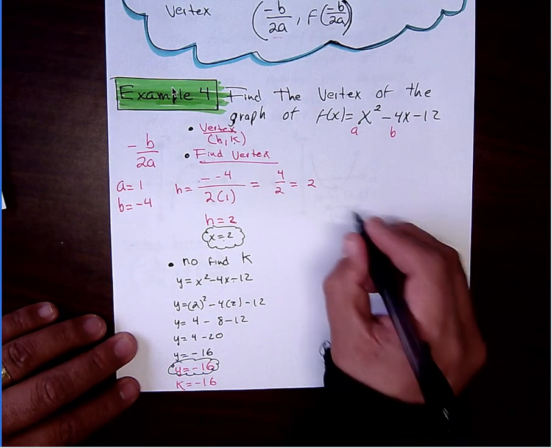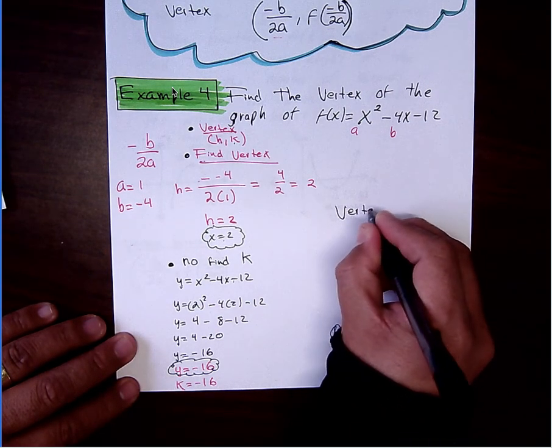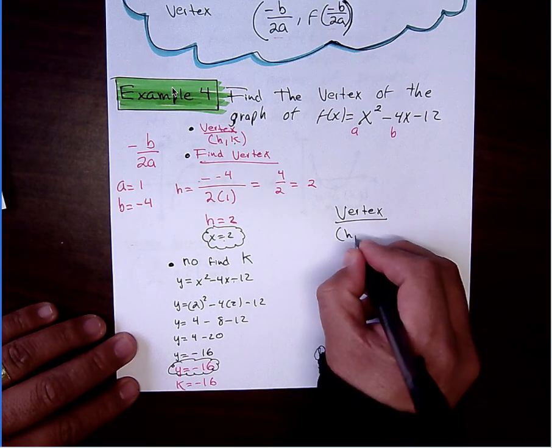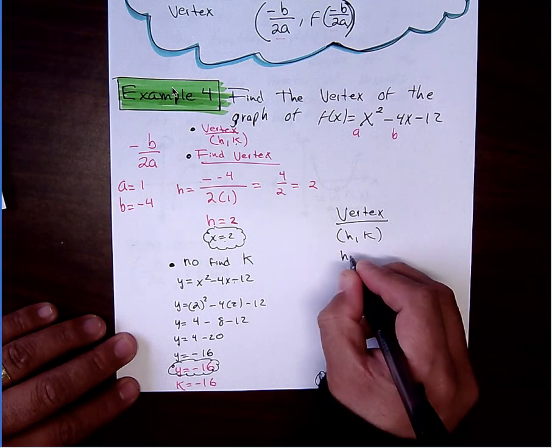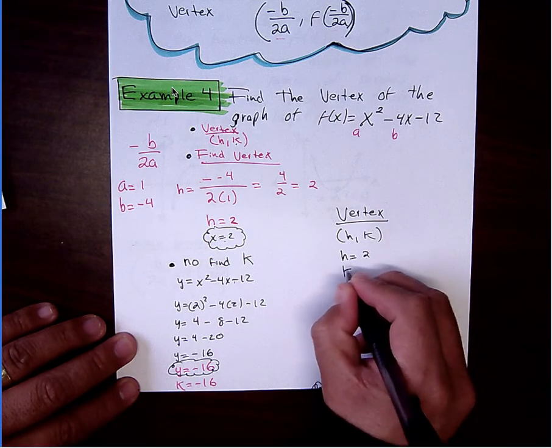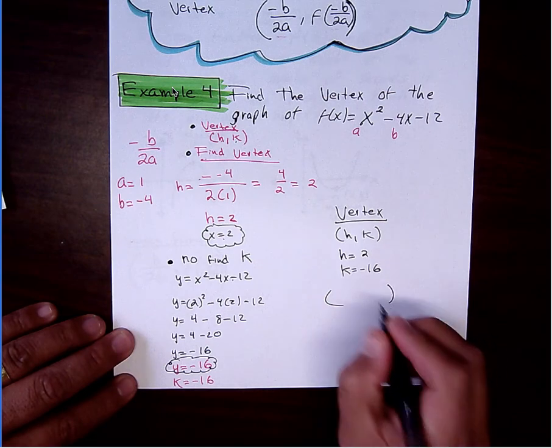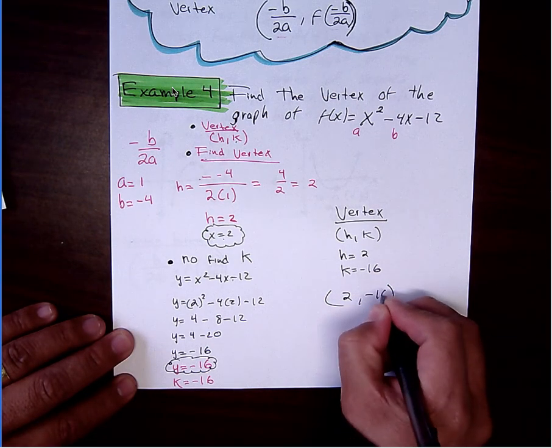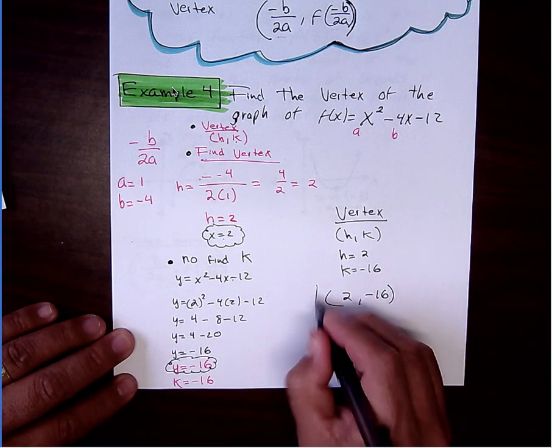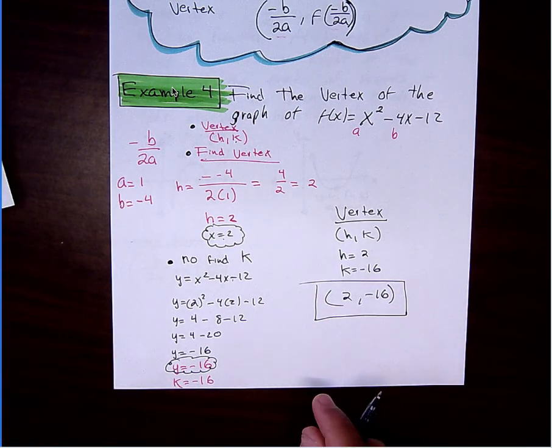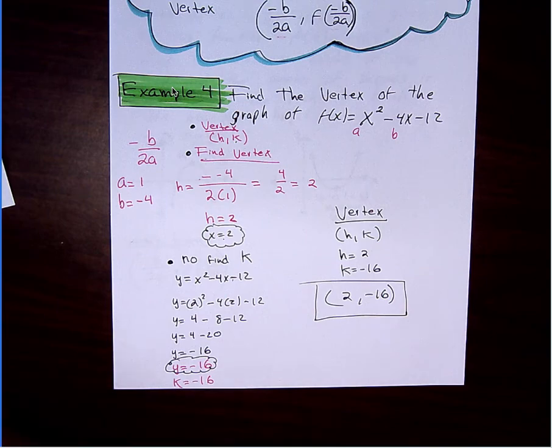So the vertex, which is h and k, and we know h is equal to 2, and we know k is equal to -16. So the vertex would be 2, -16. That would be the vertex. And I think that's all they wanted to find.